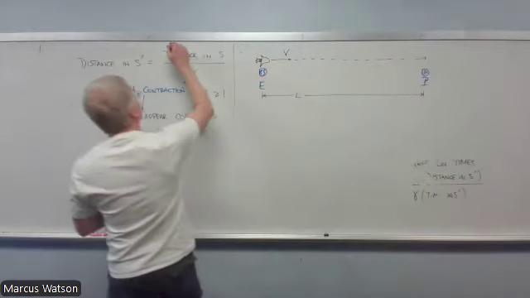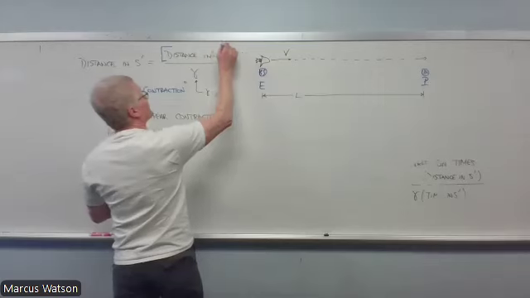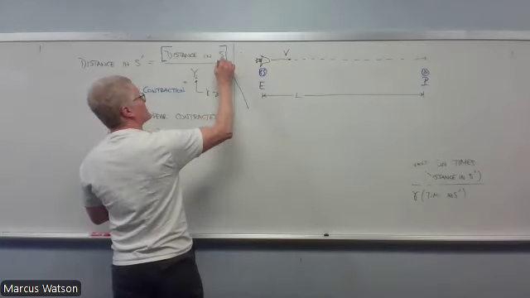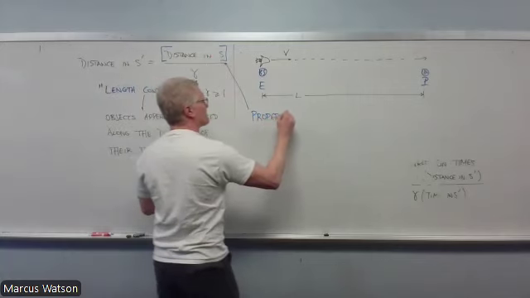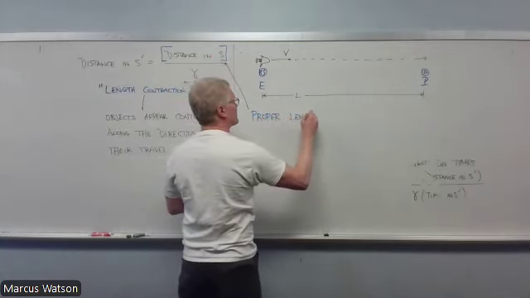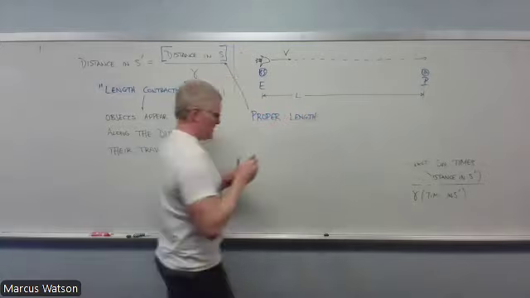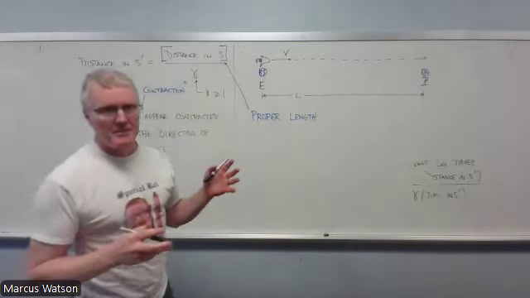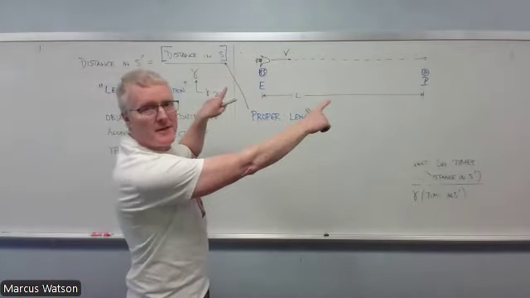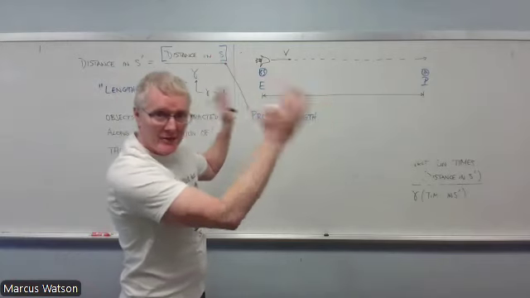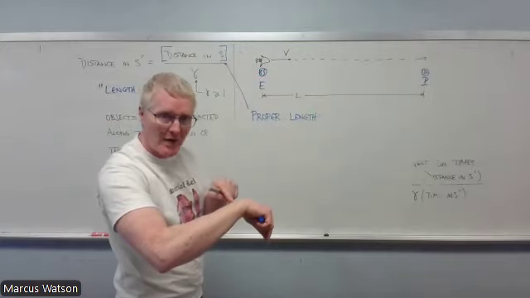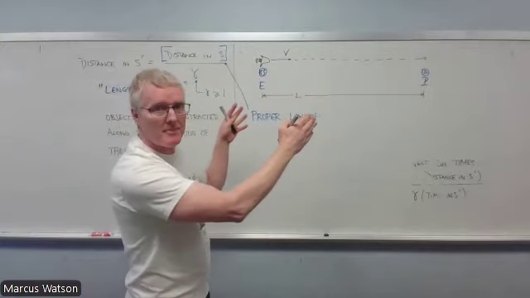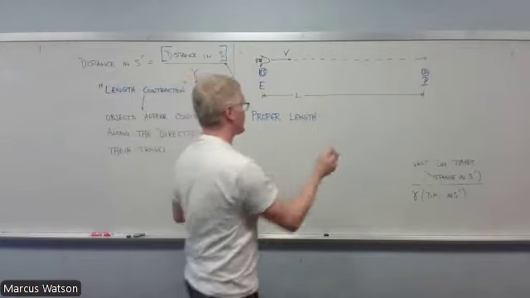That means this quantity right here is the proper length. The proper length is measured by people for whom the distance is at rest. Just the same way you measure the proper time with the person whose watch is at rest, this is measured by people whose distance is at rest.